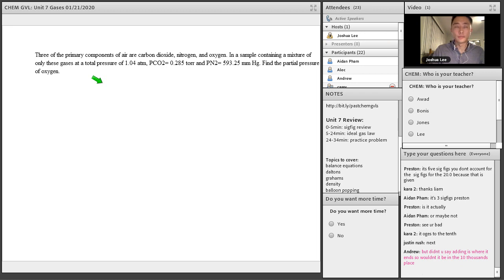Balancing is tough to go over just because there's no real trick to it. But if you want to watch the GVL about balancing, there's a GVL where we practice a lot with balancing in first semester.